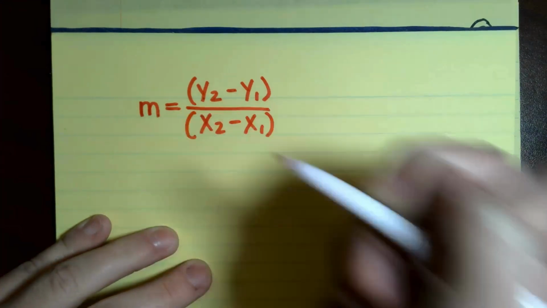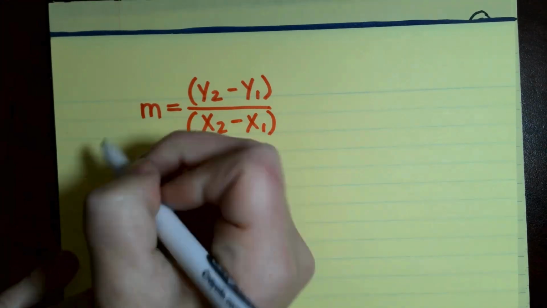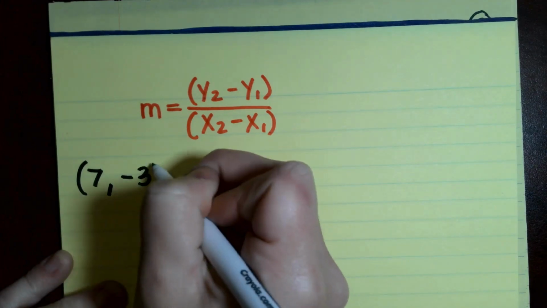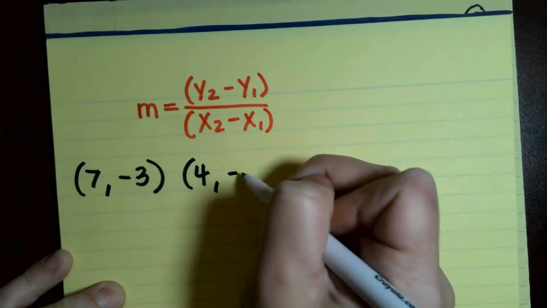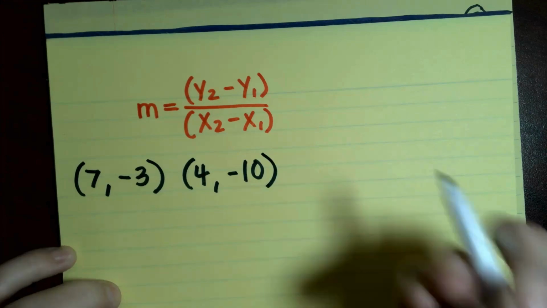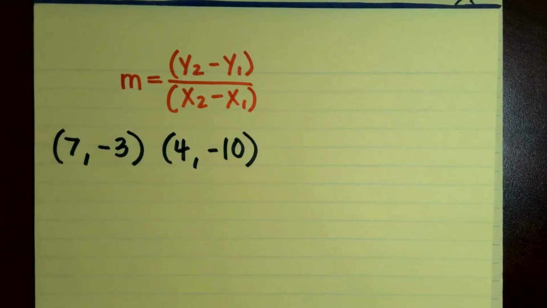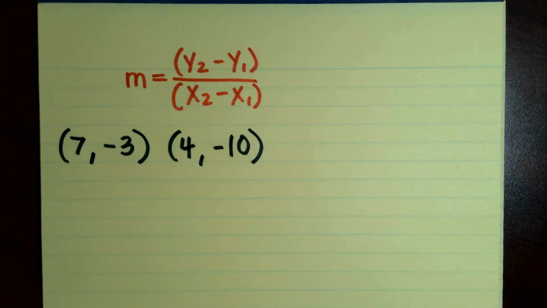That's how we're going to solve. And let's give you 2 more coordinates. How about 7, negative 3, and 4, negative 10. What should I do to find the slope of the line that goes through these 2 points?